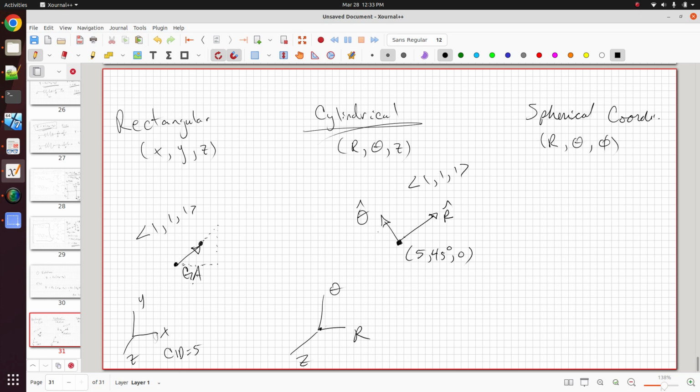So here, how do I get theta hat? When you start here, some distance r, and then you rotate, this vector theta hat is tangent to this rotation. So that's how I got r hat. Now, once you get r hat, theta hat, and z hat, r hat is now the x component of displacement. Theta hat is the y component, and z hat is the z component.